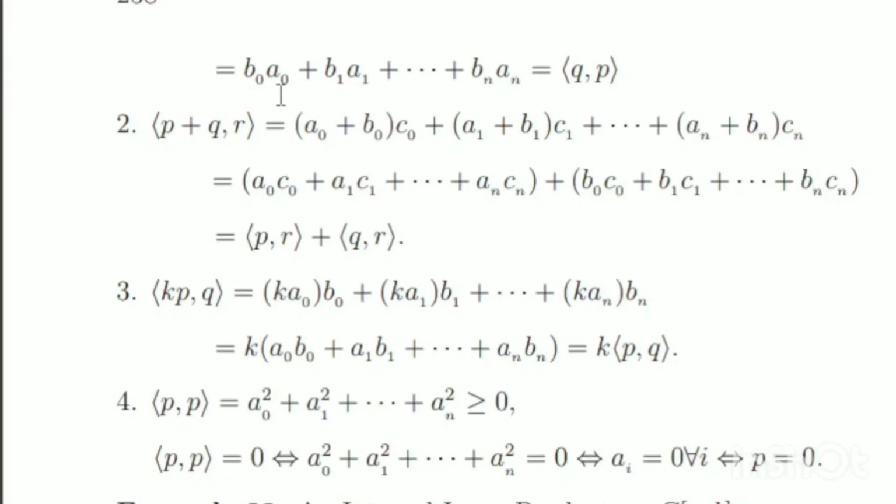First axiom, inner product of P, Q equals inner product of Q, P. For the second one, inner product of (P plus Q), R equals (a0 plus b0) c0 plus (a1 plus b1) c1 plus etc. Taking the a0 c0 plus a1 c1 plus etc. plus an cn terms as one set, you will get inner product of (P plus Q), R equals inner product of P, R plus inner product of Q, R.